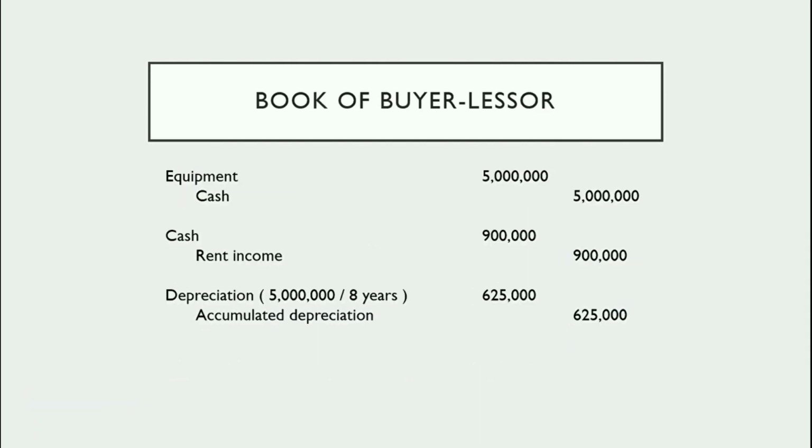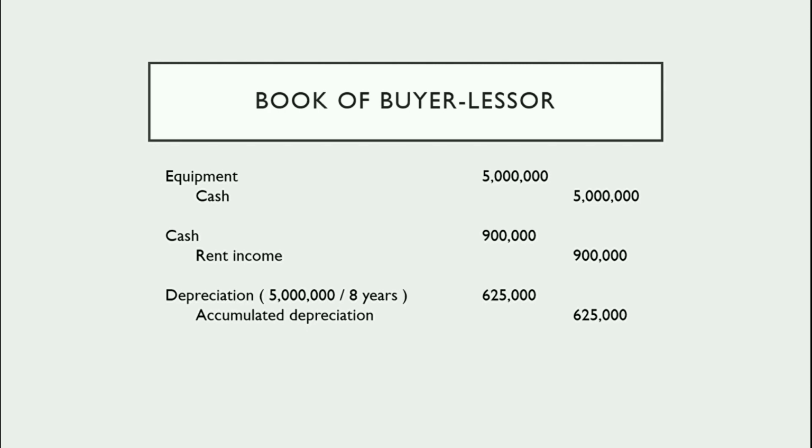Proceed naman tayo sa books of buyer-lessor. So the buyer-lessor shall apply the operating lease model because the lease term of 5 years is less than 75% of 8 years useful life of the underlying asset.